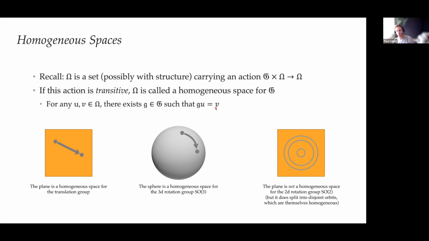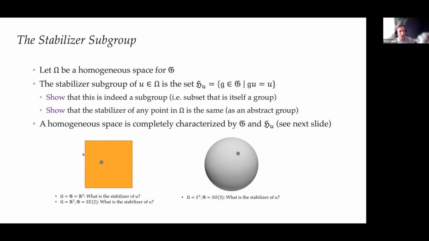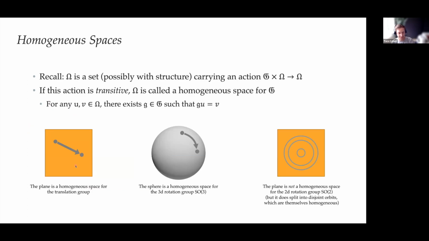So let's look at a few examples of homogeneous spaces and also counterexamples. So if you have our domain omega, the plane, then if we take any 2 points, let's say this one and this one, then is there a transformation, that is to say a translation that takes one into the other? And the answer is, of course, yes. For any 2 points, there's a translation that maps one to the other.